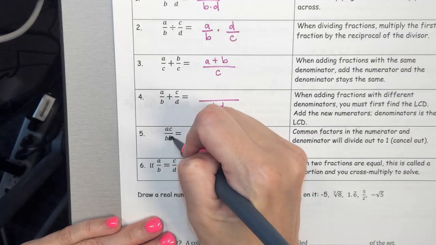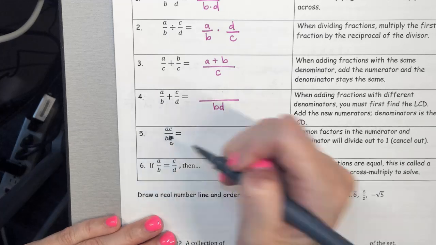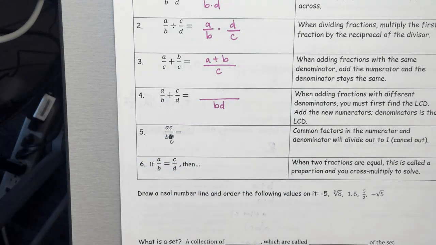And then there was a typo in 5, so we're going to have to change that. So I want you to come up with the numerator there. So think about the first one, if there's B in the denominator, what do you have to multiply by to get the common denominator?